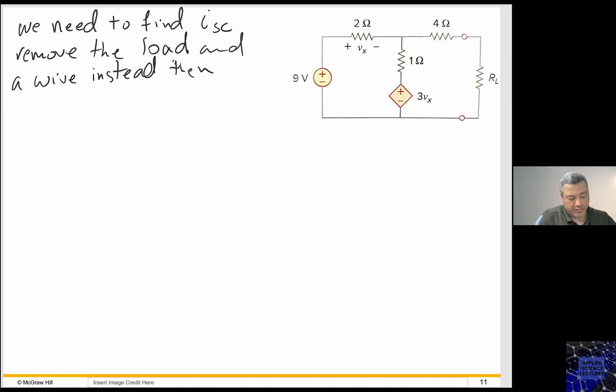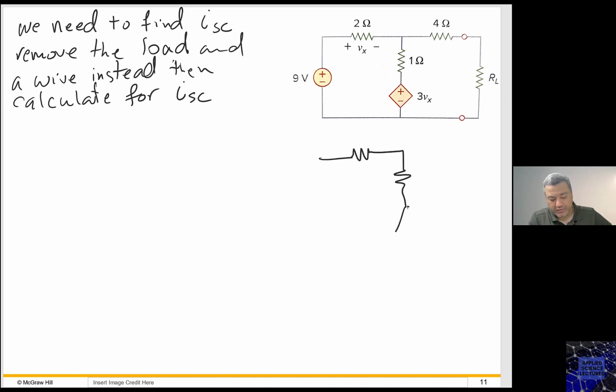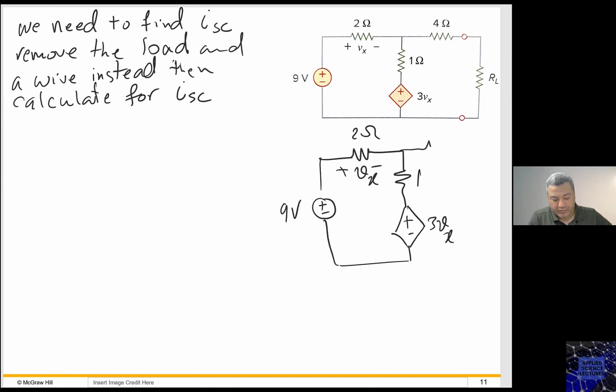Then calculate for I short circuit. So here 2, 1, 3Vx, 9 volt, 1, 3Vx, 4, and then come here, put the wire, find I short circuit.